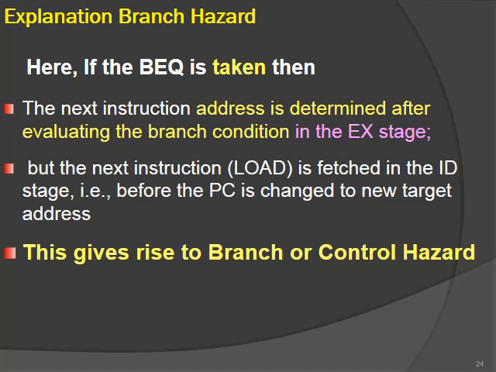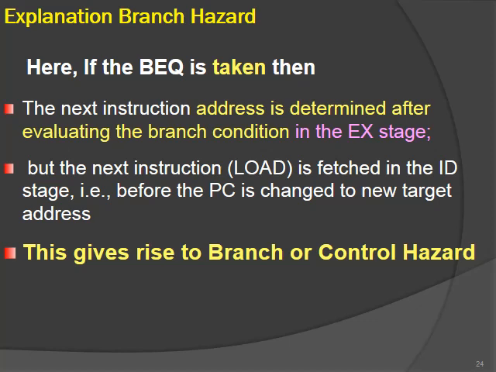But we notice that the next instruction is a load instruction and its fetch stage is before the execution of the branch instruction. So the PC has to change its value to the new target value. It simply means that when the branch is taken, the address will be followed, or it will come to its original address when the branch or jump instruction is being executed. So the value of that target will be fetched during the instruction fetch stage.